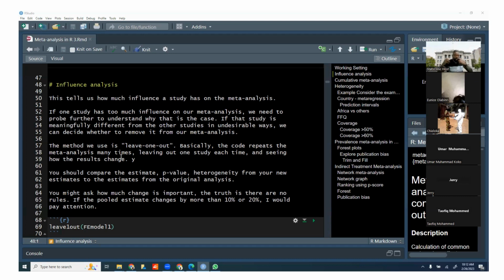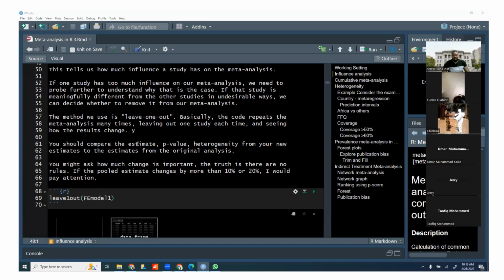But the purpose of influence analysis is to figure out outliers in your analysis that you can look at and try to understand why they're outlying. And if there are changes that you need to make to your analysis, you make them. If there are no changes, but there's some description that you need to do in your results to explain what you're seeing, then you do that as well.